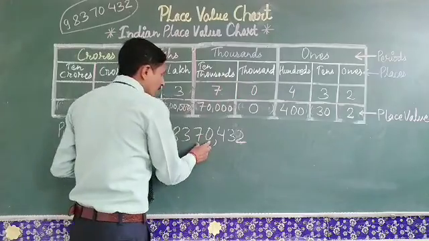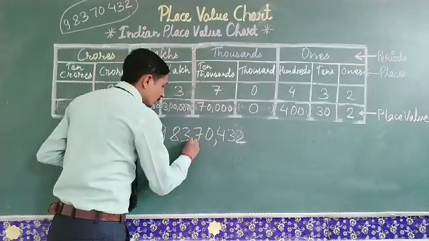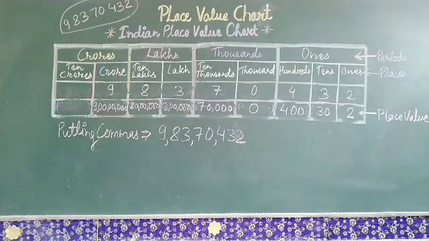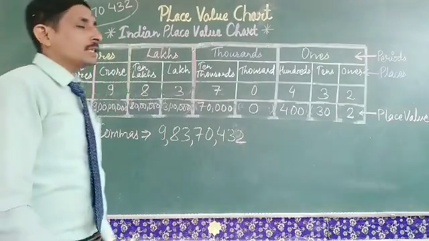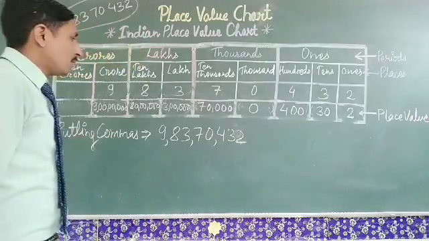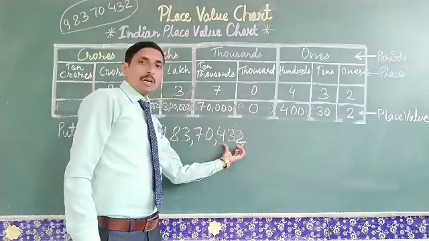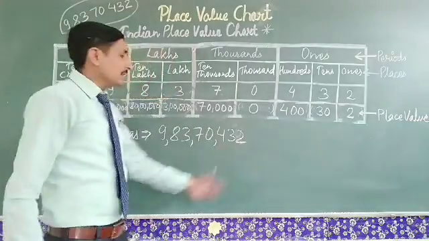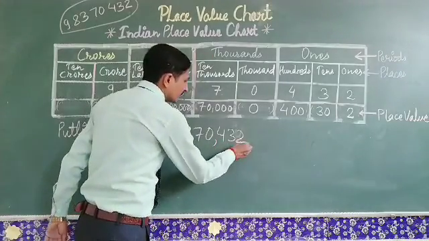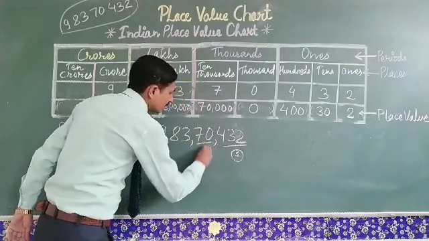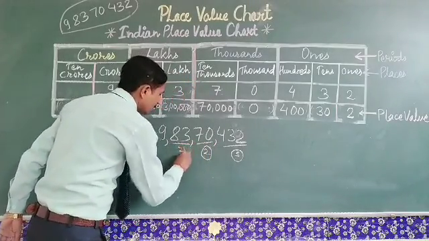Then put a comma in front of those 2 digits, then again 2 digits.